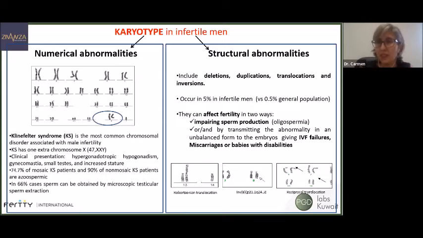But they can transmit this structural abnormality to their children in an unbalanced form, meaning that these embryos or babies will have partial aneuploidies, partial extra material or missing material of some chromosomes, and maybe these abnormalities are not compatible with life, or they can cause severe disabilities.